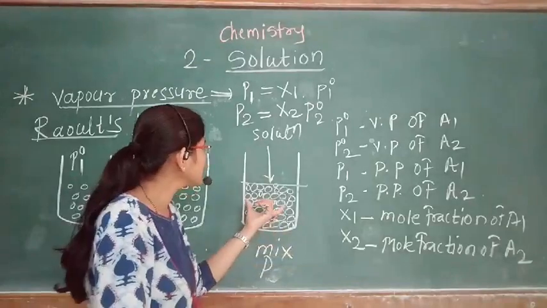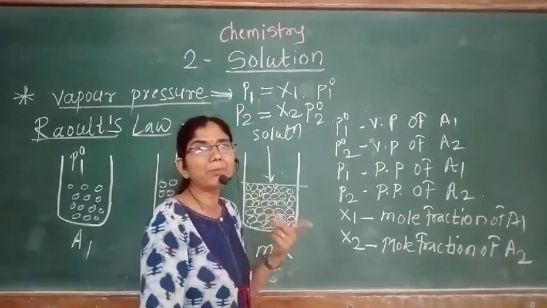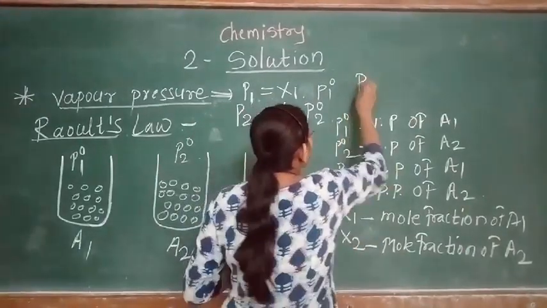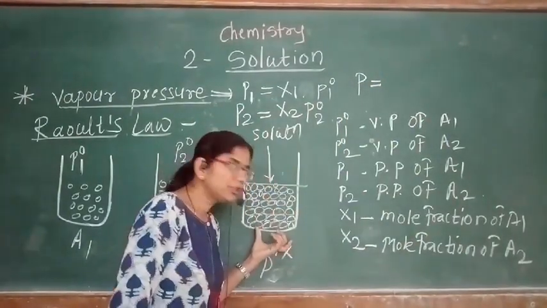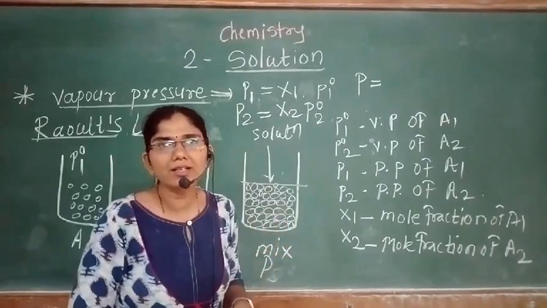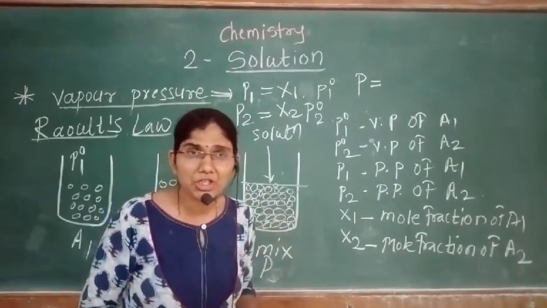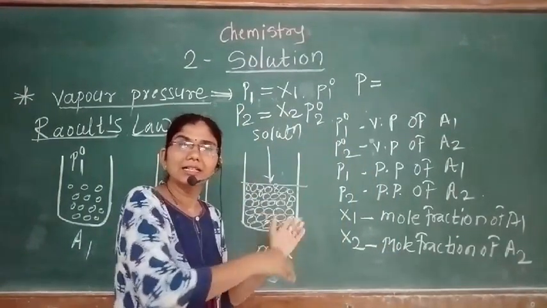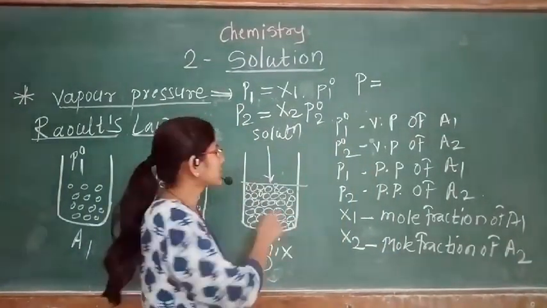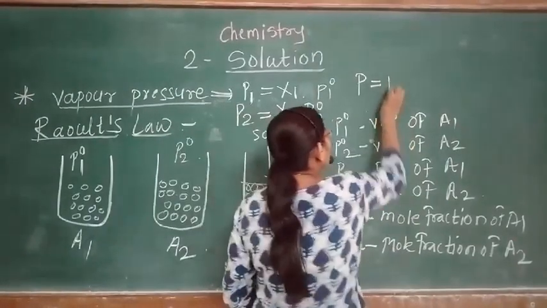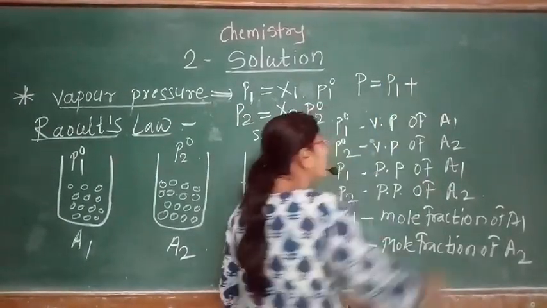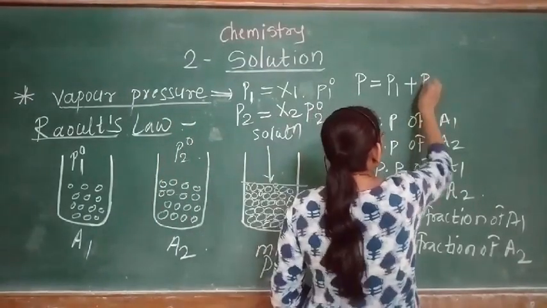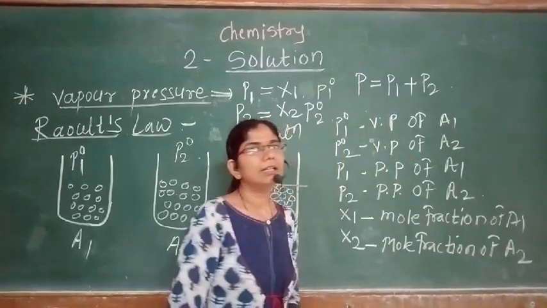But this is the solution of two volatile components A1 and A2, and therefore what is the total pressure of the solution? It is the summation of the partial pressure of volatile component A1 plus the partial pressure of the volatile component A2.